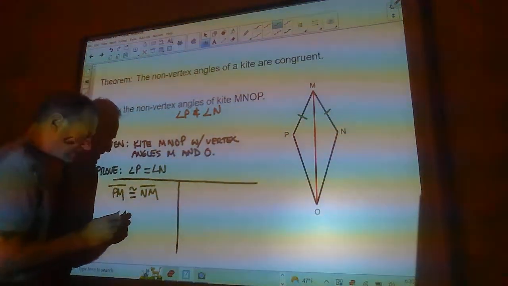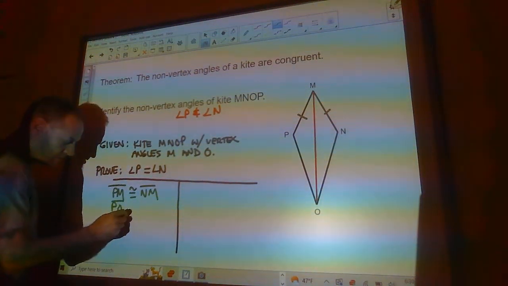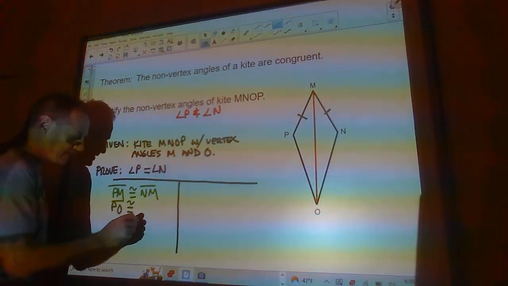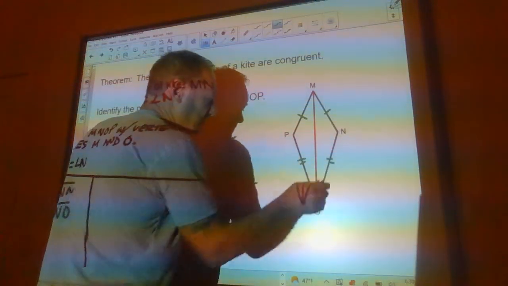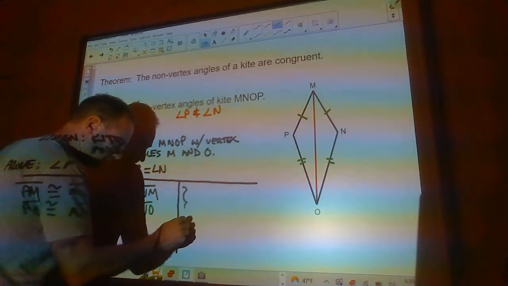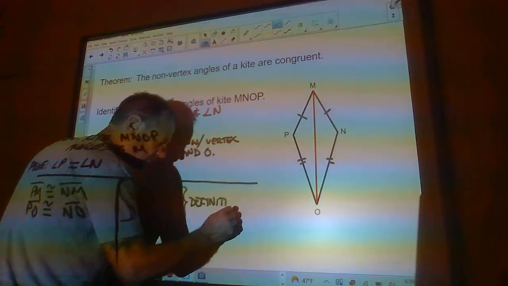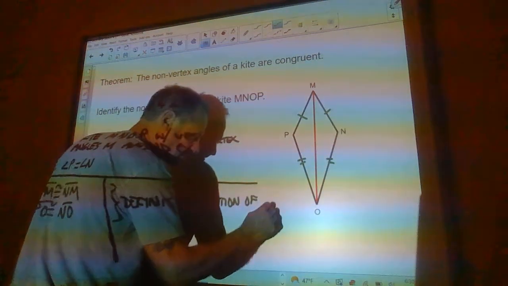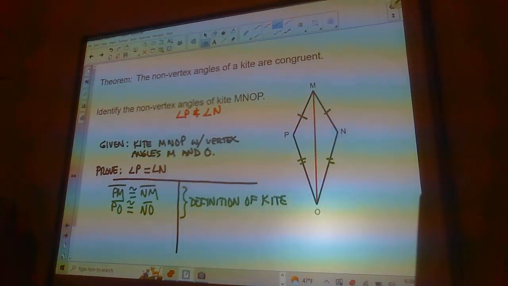And we also know that PO is congruent to NO, so this side is equal to this side. The reason that we know this is the definition of a kite. If it's a kite, then it has two distinct pairs of adjacent congruent sides.